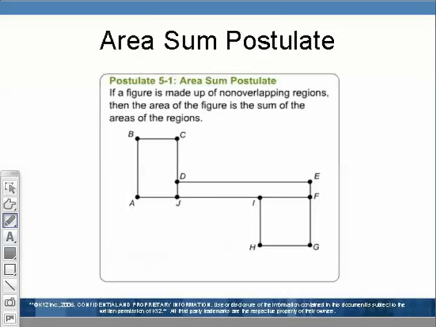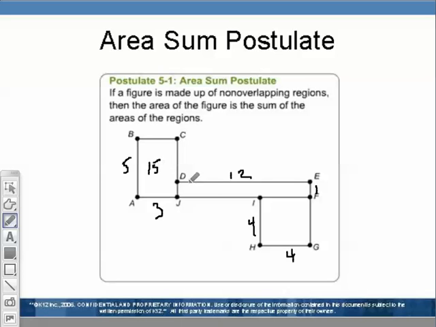So if I were given some smaller areas, and this one was a 5 by 3, and this one was a 12, and this was a 4 by 4, I could just find the area of each one of these.